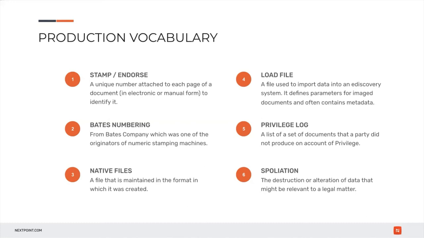It's often called Bates stamping, and this comes from the Bates Company, which was one of the originators of the numeric stamping machines. This has been going on for a long time, whether it was a manual process where you're physically stamping the pages, or now in Ediscovery being able to stamp those documents virtually and re-image them.